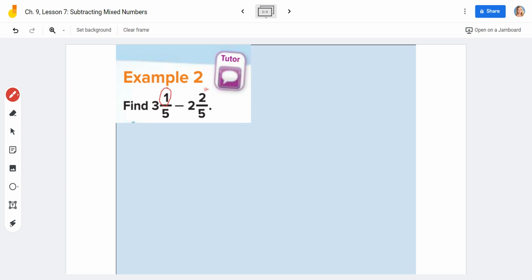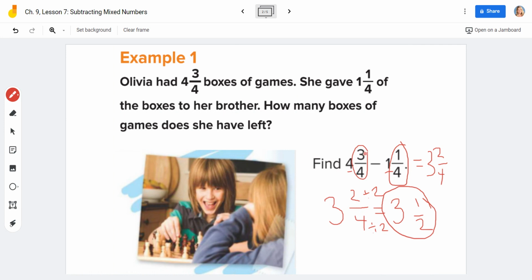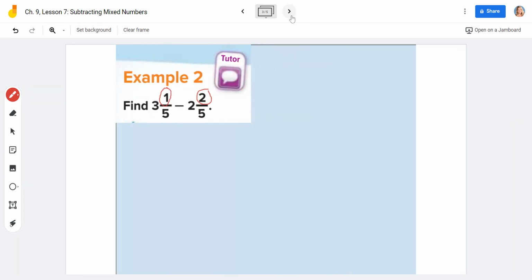Does my largest numerator come first? Now, on the first one, it did. 3/4 was bigger than 1/4, and it came first, so we were okay. We just subtracted. Here, my largest numerator does not come first. So that means that we've got a problem. I cannot take 2/5 from 1/5.